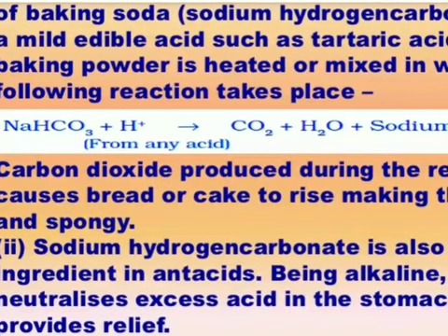Okay, and whenever it is heated up, then it will give the following reaction: NaHCO3 plus H plus. What is H plus here? This H plus ion is from any acid. It can be tartaric acid or it can be any other acid also. In case of baking powder, we are taking tartaric acid. Okay, then what product are we going to get? Carbon dioxide, water plus any sodium salt of acid.